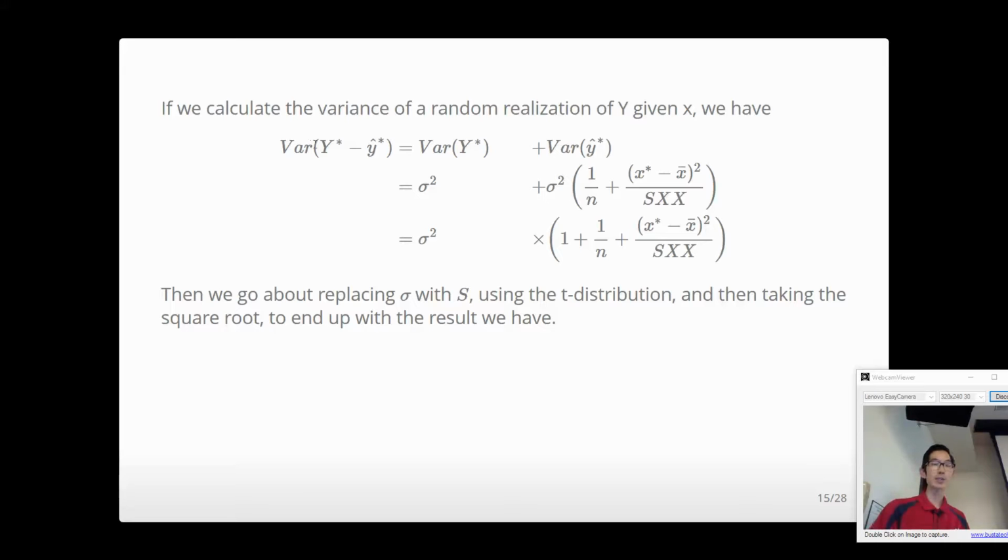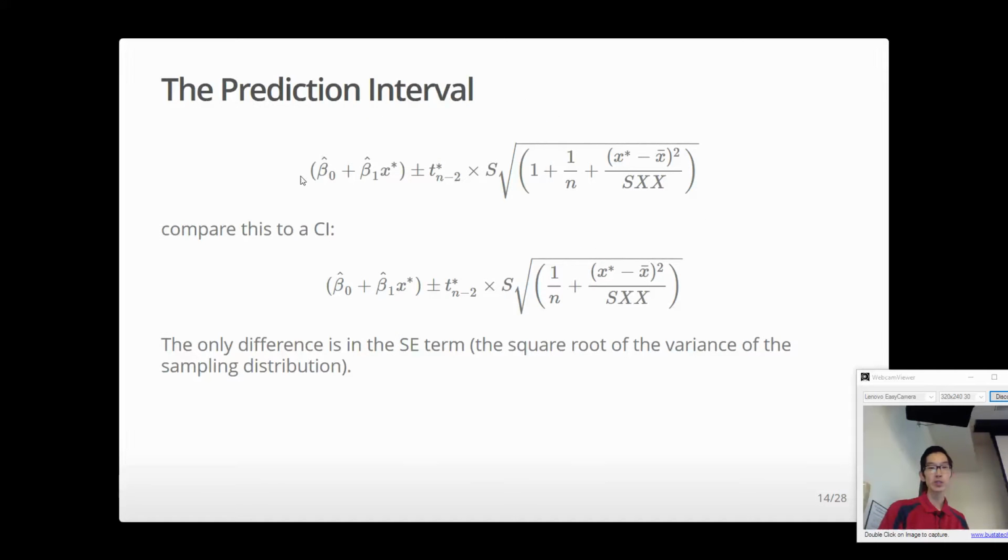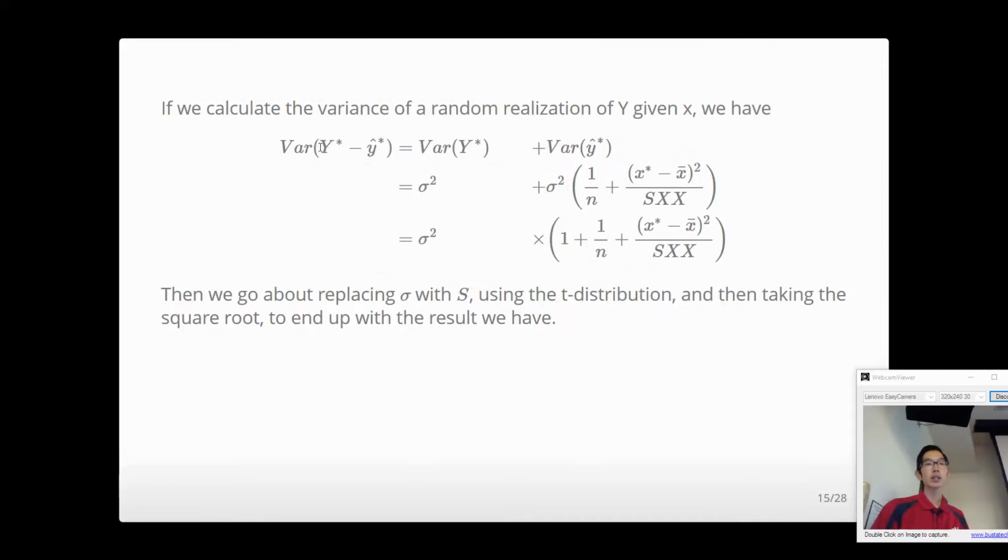If we think about what the prediction interval is trying to do, we have to think about the variance between a random realization of y star and any given prediction y hat for x equal to x star.